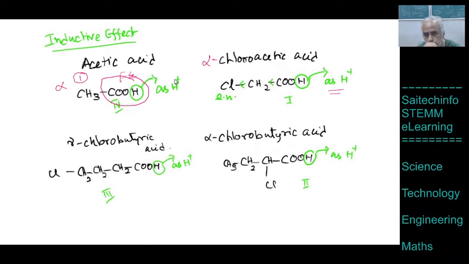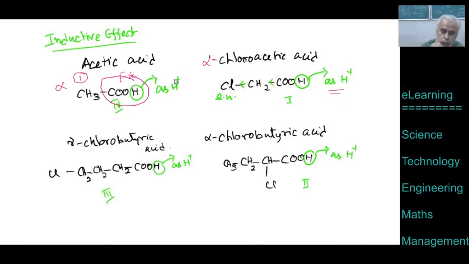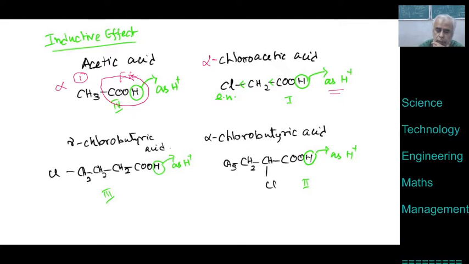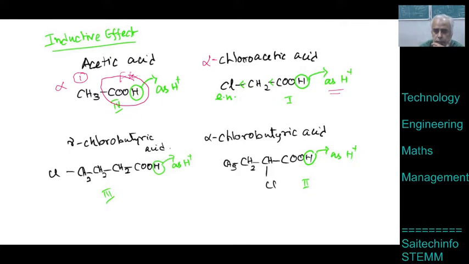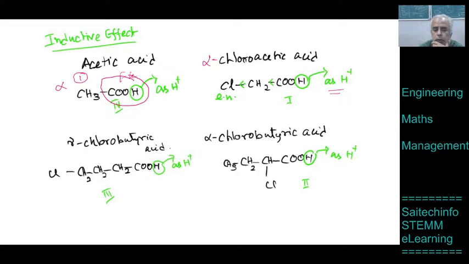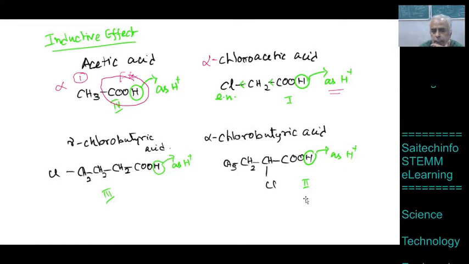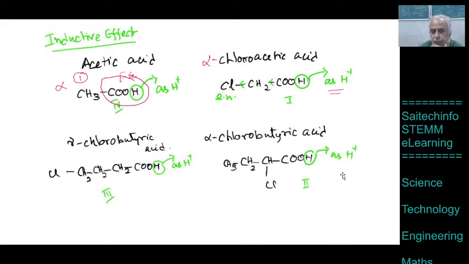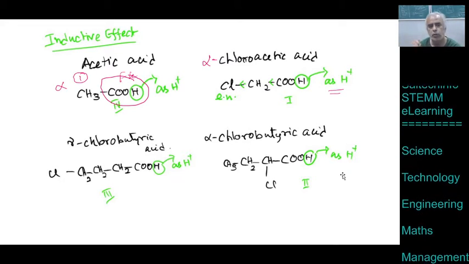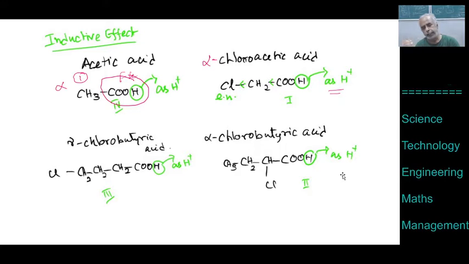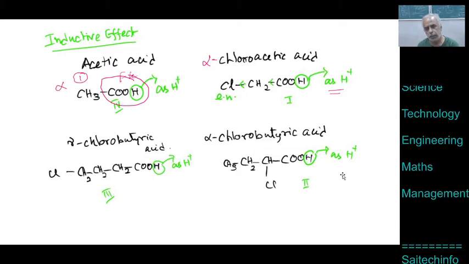Anyone? Which atom is highly electronegative? Cl, sir. Yeah, so chlorine is highly electronegative, and that is why the electron shifting occurs towards it. The polarity happens towards the chlorine.